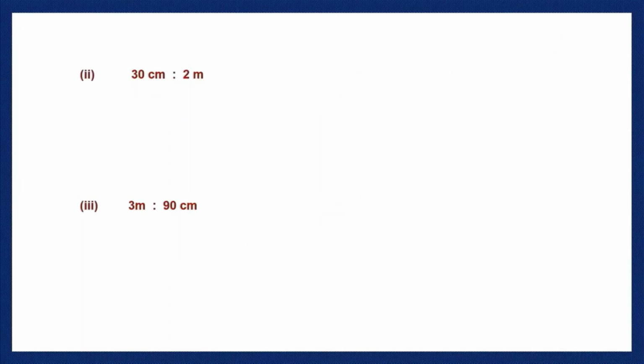Question 2. 30 centimeter and 2 meters. So the units are different, centimeter and meter, and the bigger unit is meter. So let's convert meter to centimeter. 1 meter has 100 centimeter. Therefore, 2 meters will have 200 centimeters. So here let's rewrite this question as 30 centimeters is to 200 centimeters.